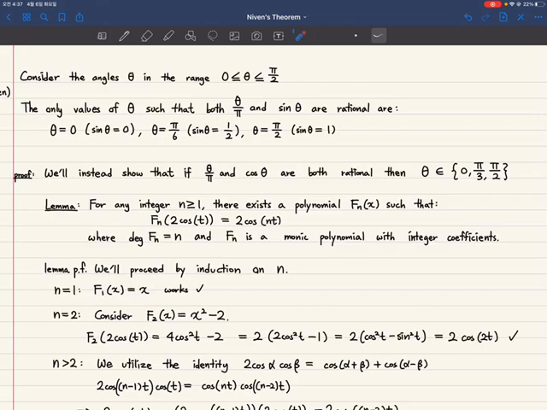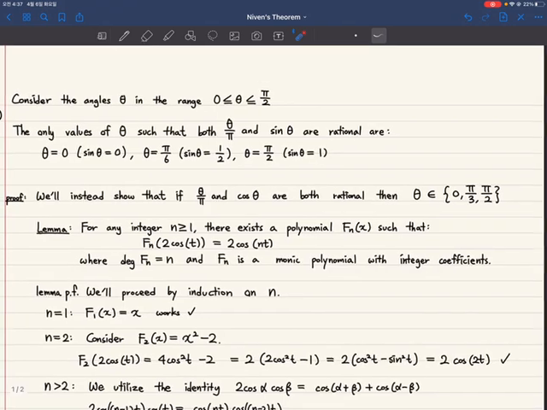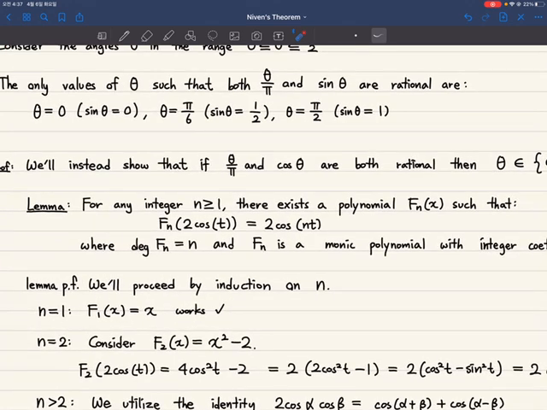Okay, so let's try to prove the lemma first. We'll proceed by induction on n. When n equals 1, if we set f1 of x as x, then it works because 2 cosine t equals 2 cosine t, so that's pretty easy.